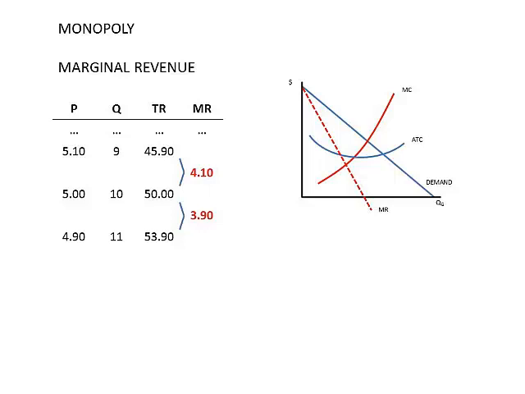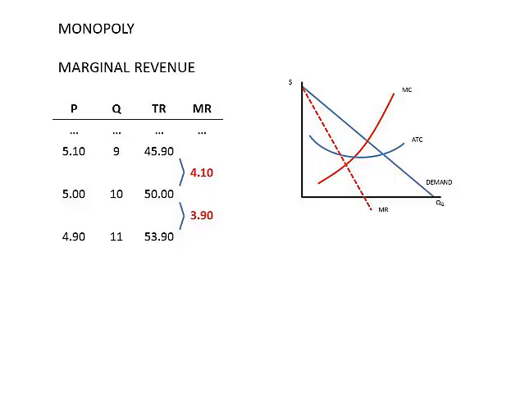And the marginal revenue, which is this change in revenue when the monopolist increases output by 1, will be equal to $4.10. And also, if the monopolist would like to sell 11 units, they would have to lower the price to $4.90. Total revenue will be equal to $53.90, meaning that the marginal revenue is $3.90. You can see that the marginal revenue is less than the price charged by the monopolist.